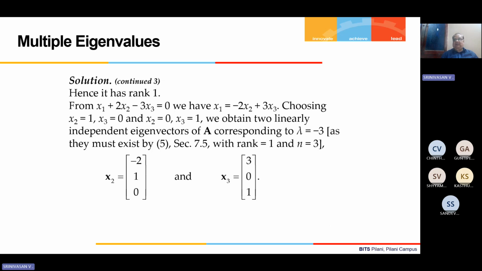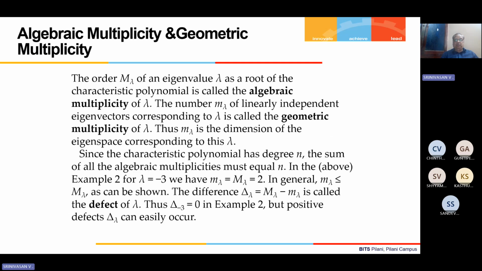They are linearly independent, which of course can be verified; we don't need to show it. This is called the geometric multiplicity, denoted by small m. So small m lambda is 2, and capital M lambda is also 2.